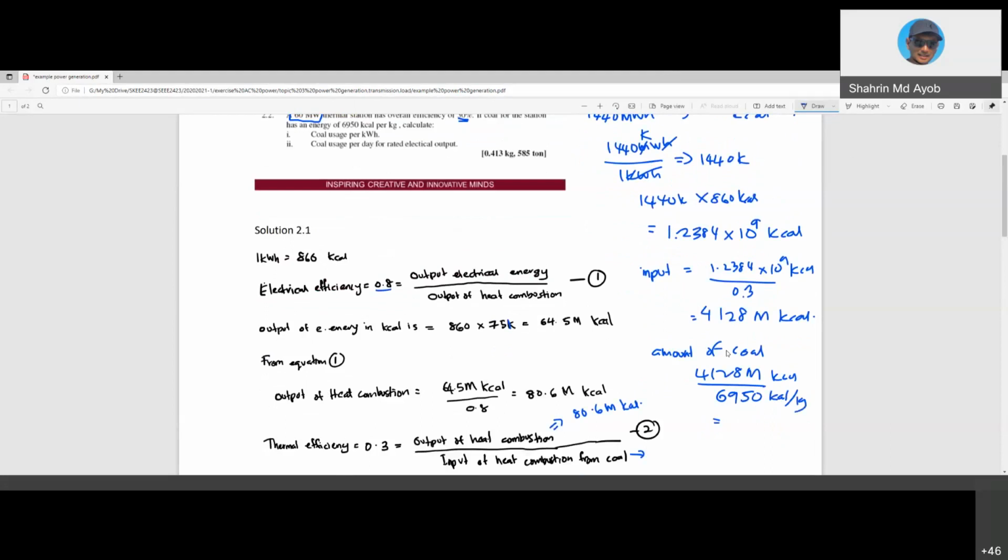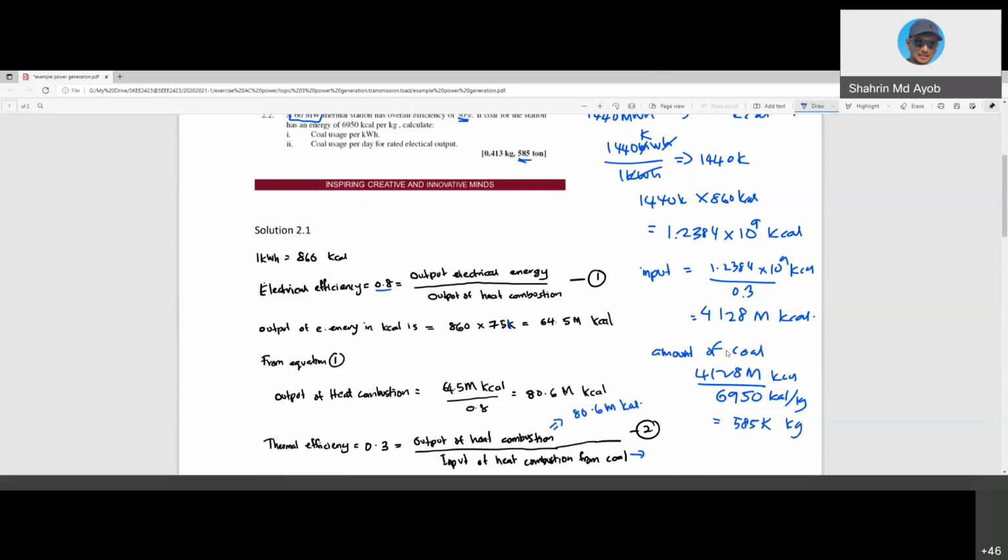So I think you should get the same answer. One of your friends privately messaged me that he got the same answer. Can someone calculate? Yes, okay, thank you. So 4128 mega calories divided by 6950 calories per kilogram, you should get the same, which is 858 kilograms.